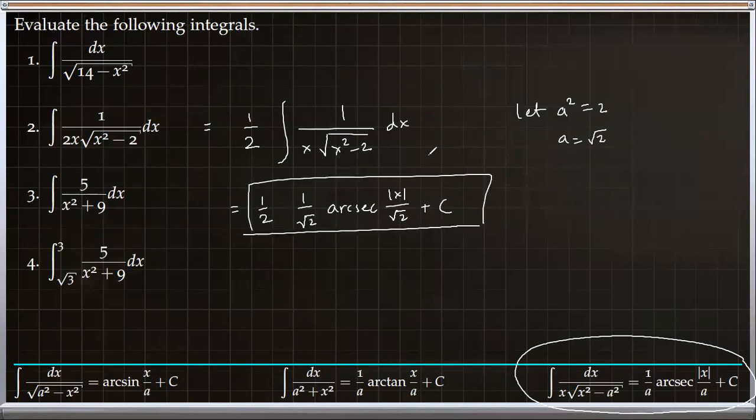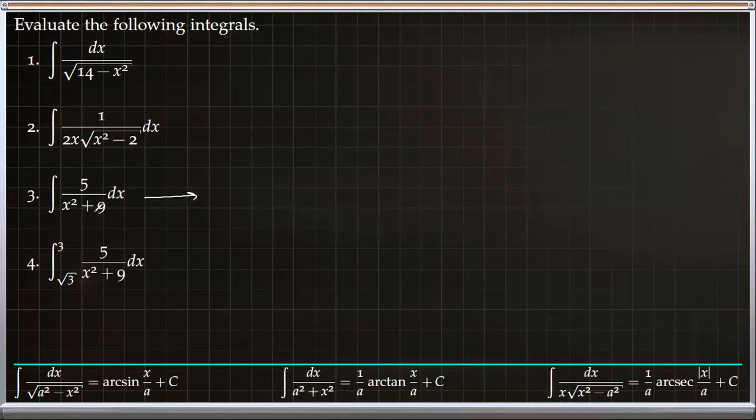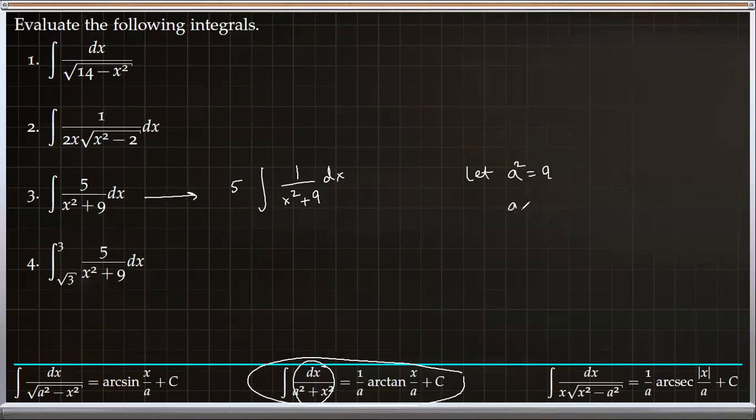Okay. Let's look at the next one, this one. Again, comparing with these three formulas available, this one looks closest to the expression given. I can pull that 5 out and write this as 1 over x squared plus 9. Comparing with this expression, we need to let a squared be 9, that means a equals 3.